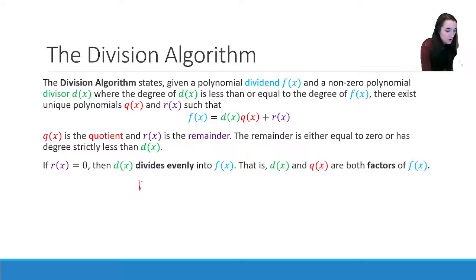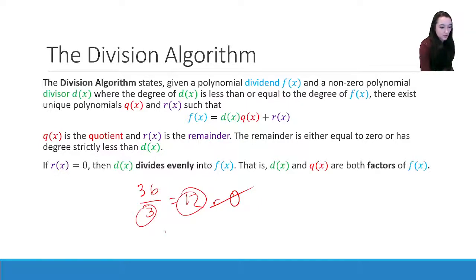So, for example, 178 over 3, we knew that this was 59 remainder 1. But if instead I was doing, let's say, 36 over 3, this is equal to 12 remainder 0, or in other words, just 12. So 3 and 12 are both factors of 36, since 3 times 12 equals 36.